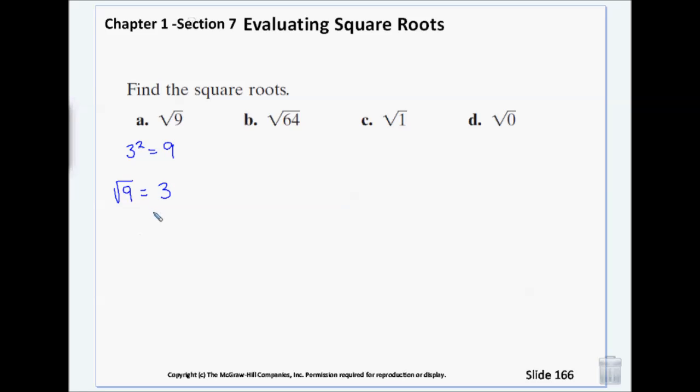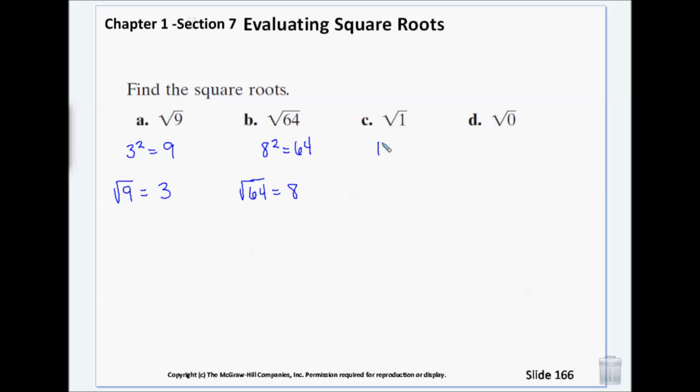Now, technically speaking, it can be positive 3 or a negative 3, but we're going to use the primary, which is the positive right now, okay? So for right now, we'll just use positives. 8 squared is 64. So the square root of 64 is 8.